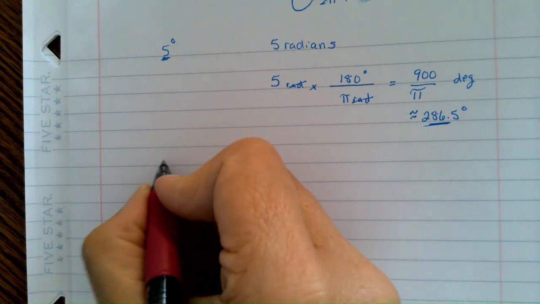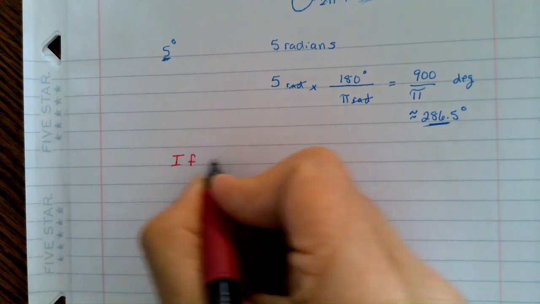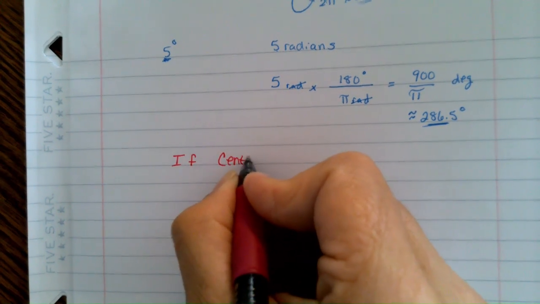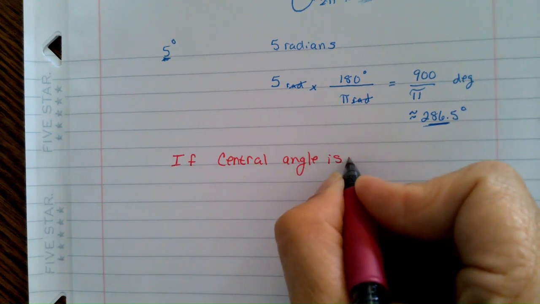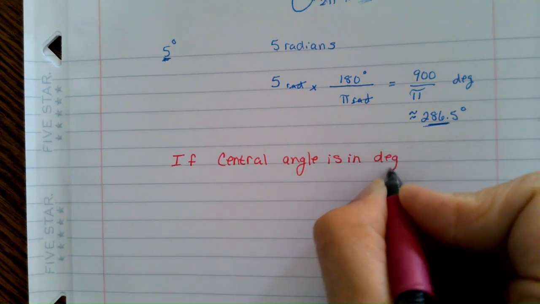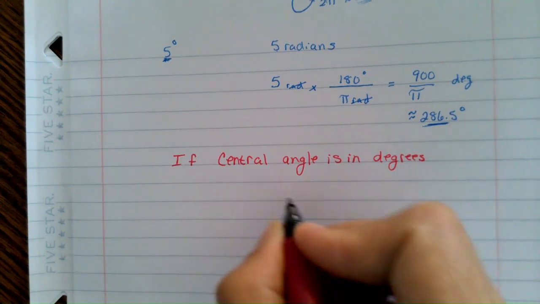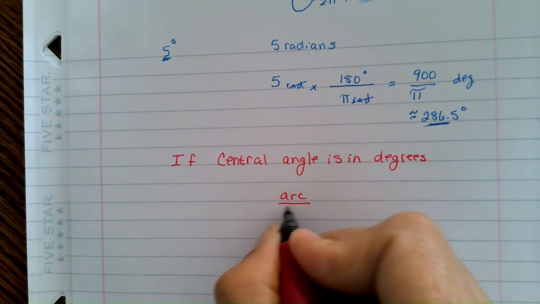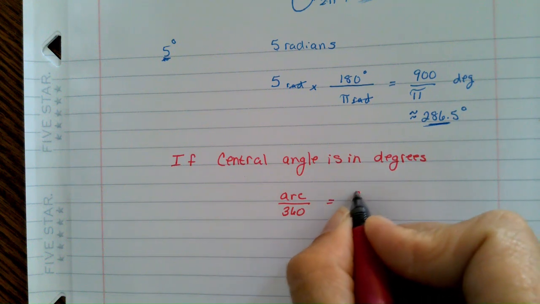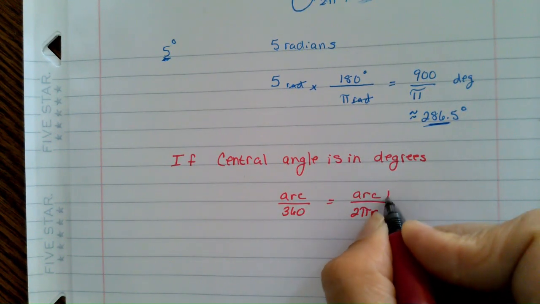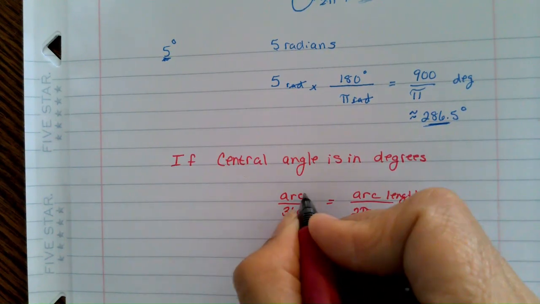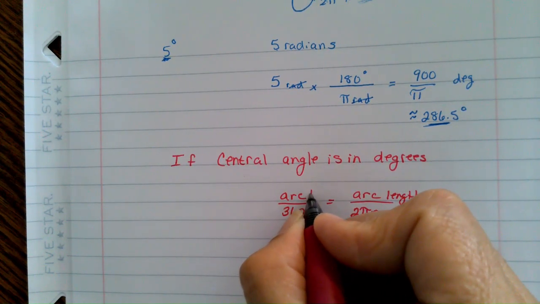My recommendation is this. If your central angle is in degrees, use arc over 360 equals arc over 2 pi r. This being length, this being measure.